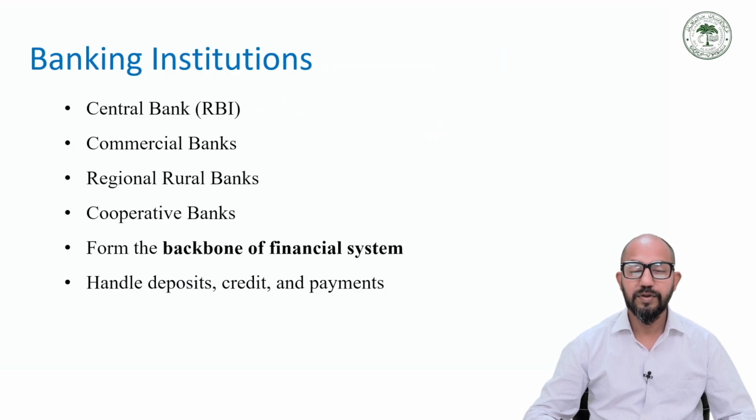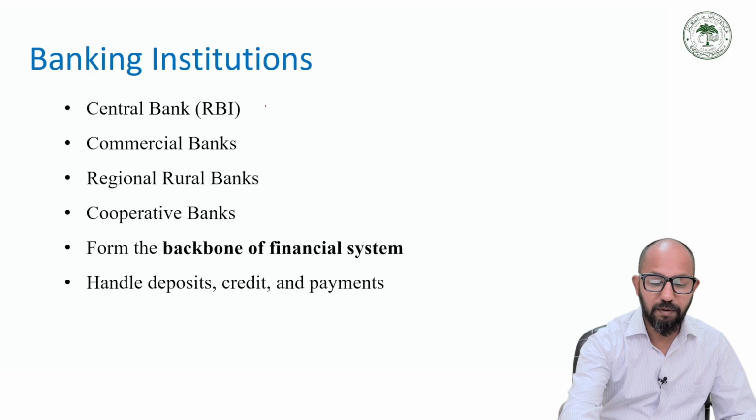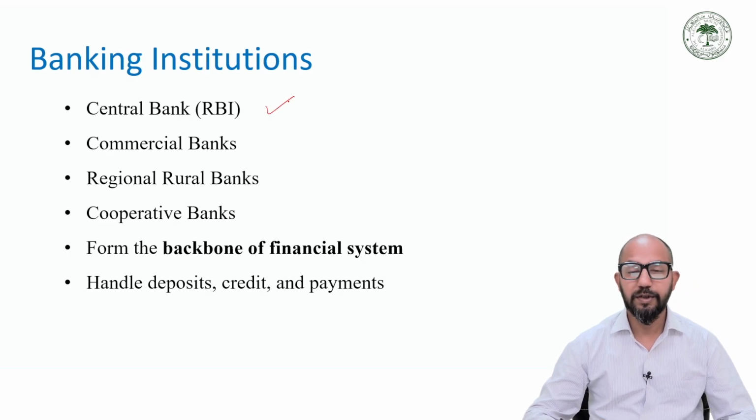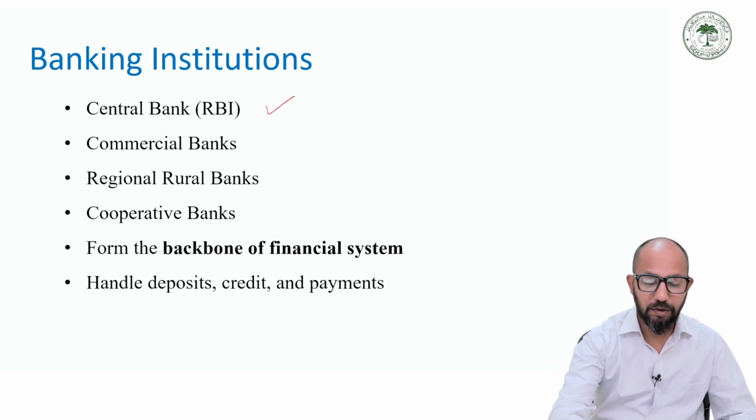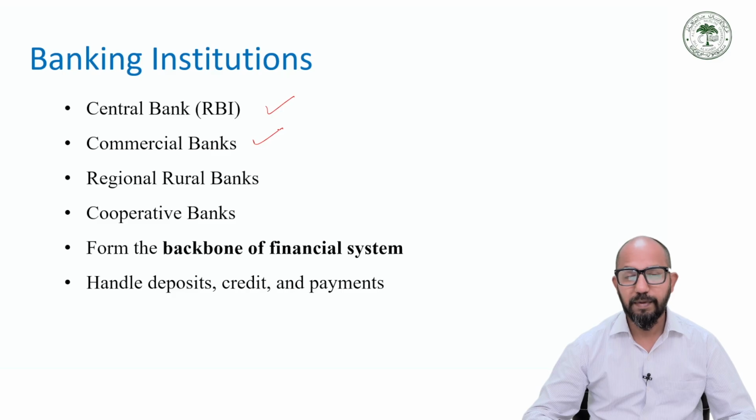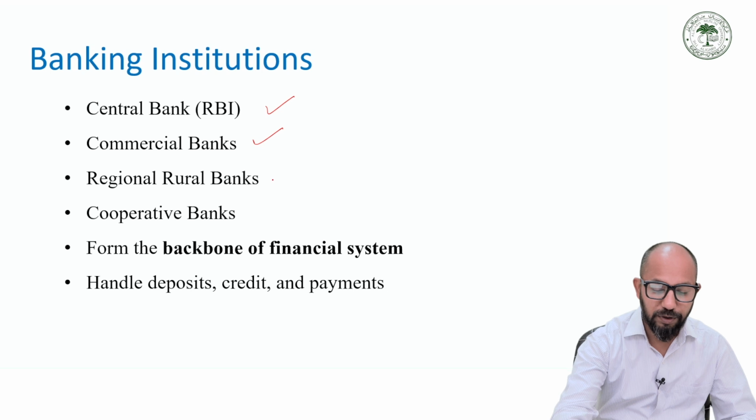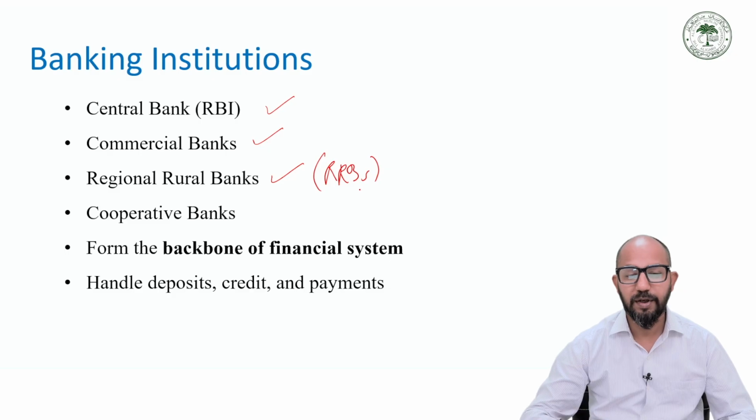Banking institutions: we have the central bank, that is in India, the Reserve Bank of India. Commercial banks, all the banks that are there for earning profit or whose objective is profit maximization. Regional rural banks, in short known as RRBs. We will be discussing them in detail in future lectures.